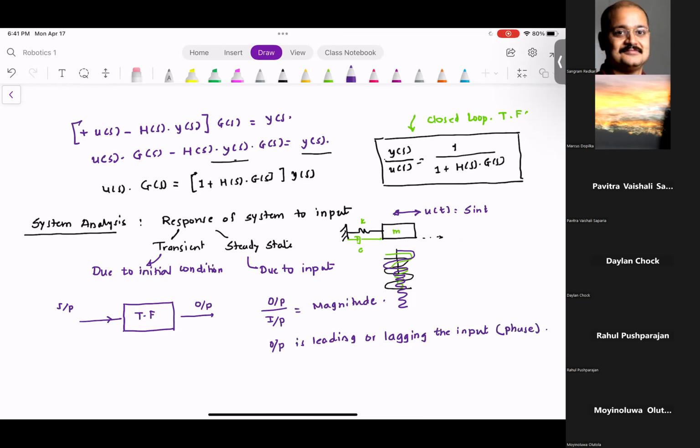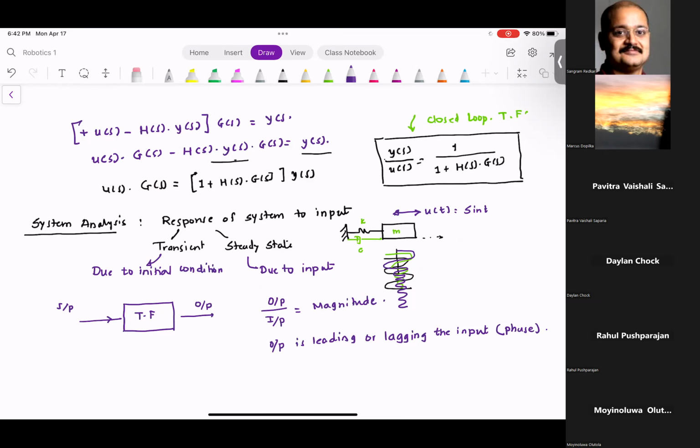So a linear system can be well characterized by its magnitude and its phase. Magnitude is the ratio of output divided by input, and phase is whether the output is leading or lagging.